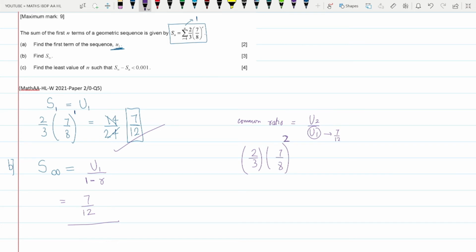Punch this into the calculator: 2 divided by 3 times 7 divided by 8 squared. The answer comes in decimal, around 0.5104.